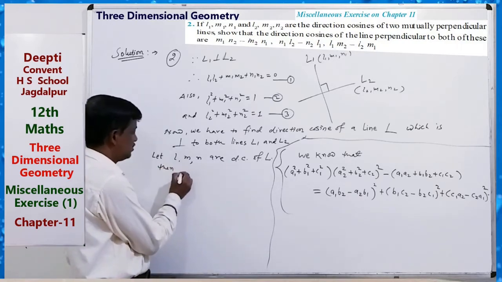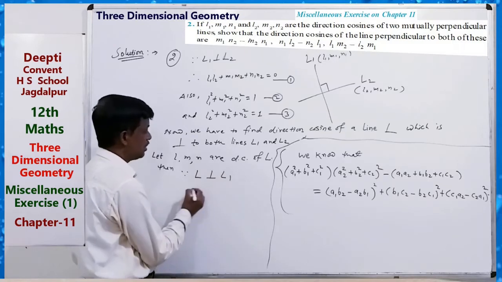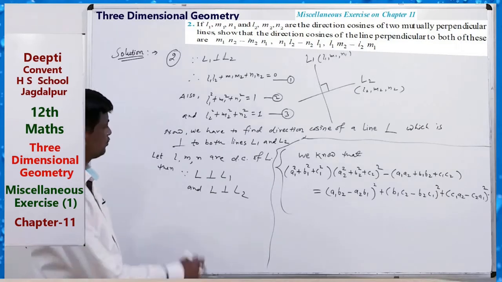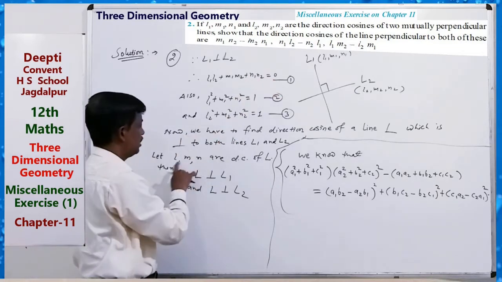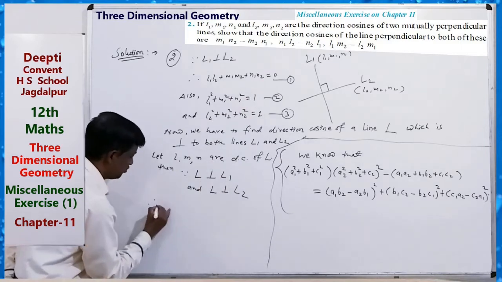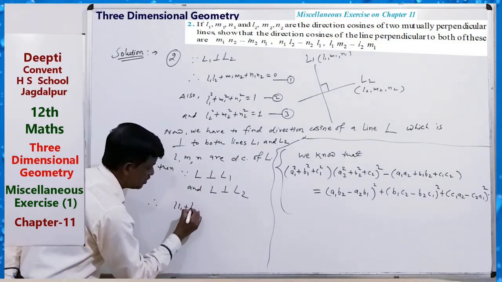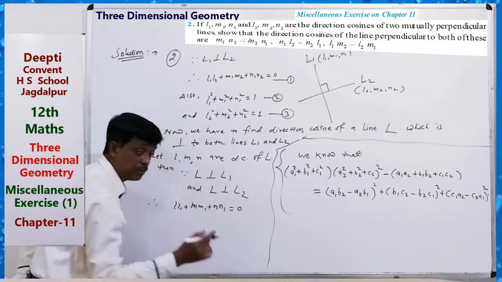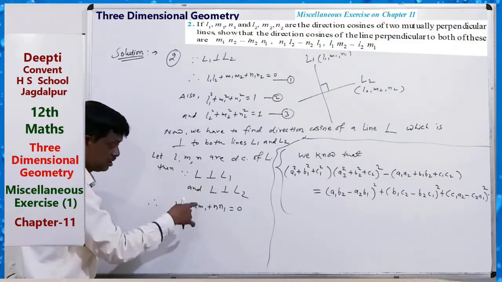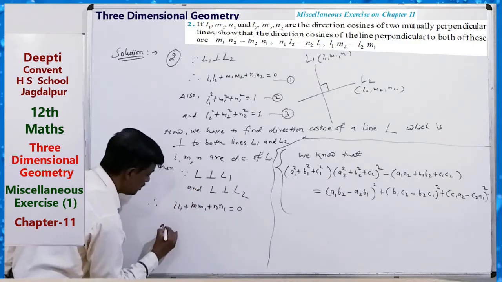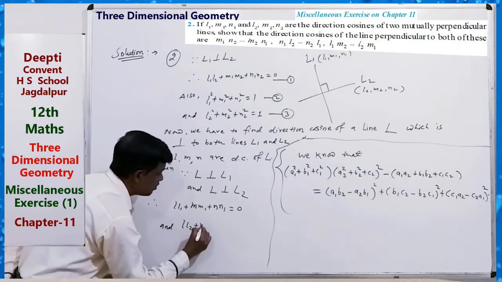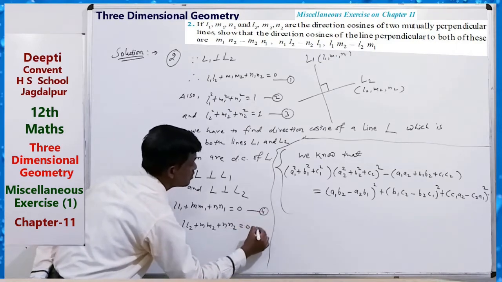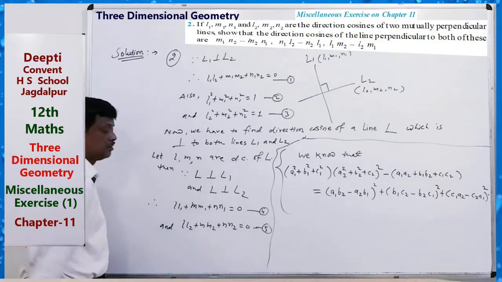Then since L is perpendicular to L1 and also perpendicular to L2, perpendicular to both, with L1 having L1, M1, N1 and L2 having L2, M2, N2, then l L1 plus m M1 plus n N1 equals 0, the perpendicularity of line L and L1. And l L2 plus m M2 plus n N2 is equal to 0. This is equation 4, this is equation 5. Clear?